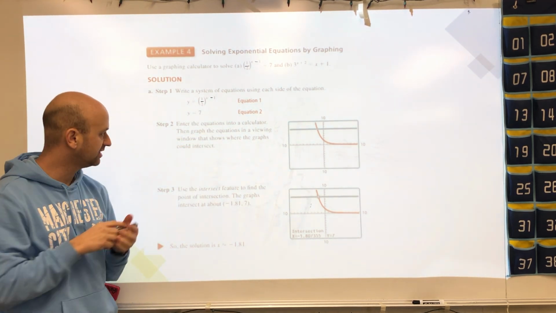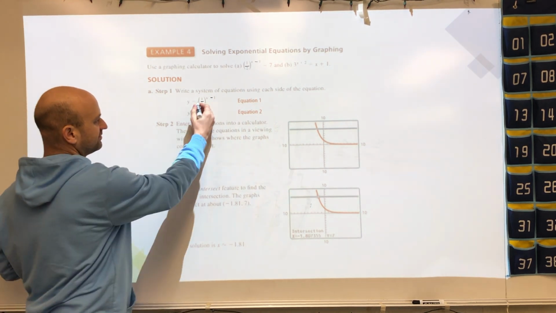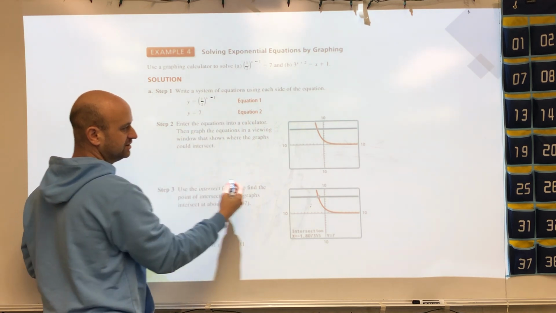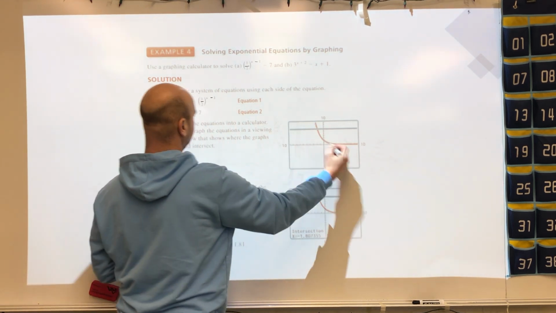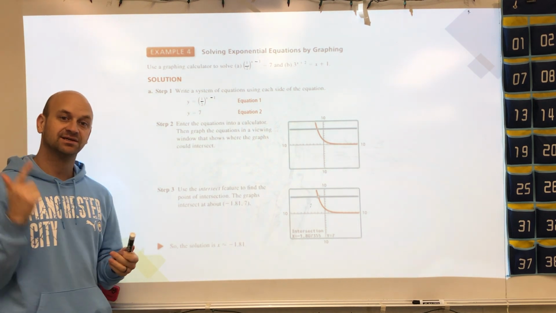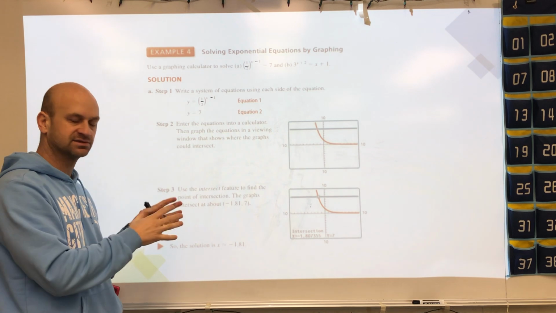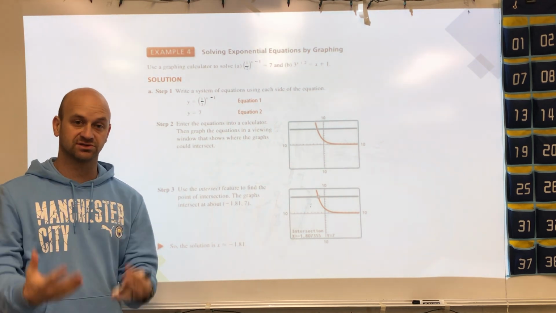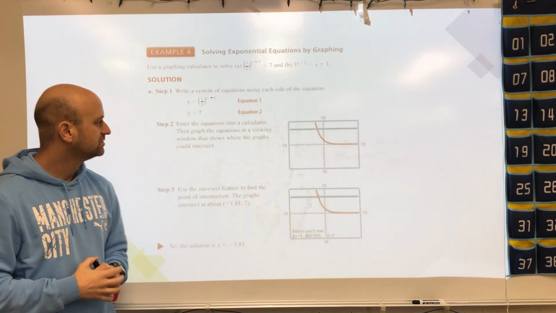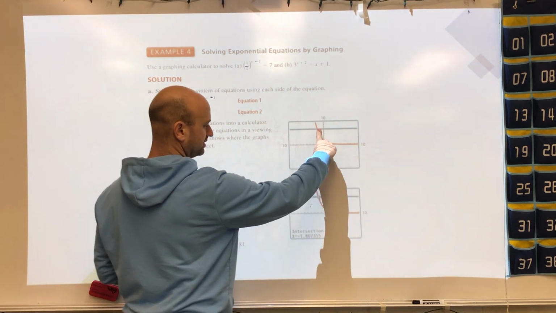So in your graphing calculator, we're going to graph 1/2 to the x minus 1, and that's going to give us this red line, and then we're going to graph y equals 7. And where they intersect is the solution. So this ties in the different graphing lessons we've had in the past where intersections are solutions. Okay? So in this case, we're going to only have one solution, which is this coordinate right here.